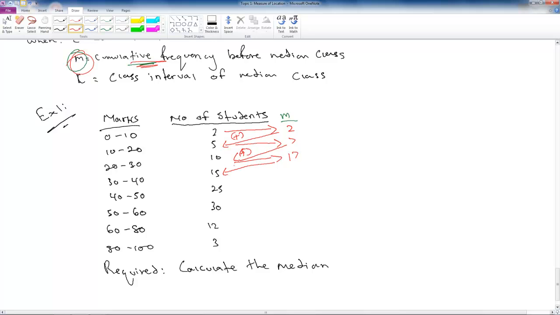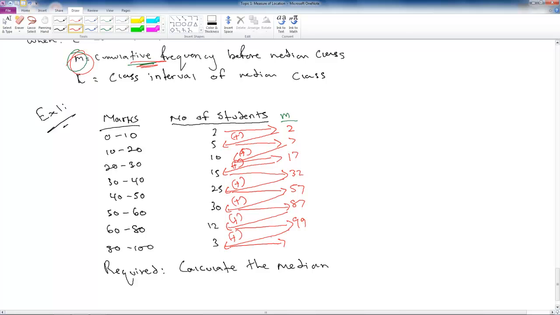Then 17 plus 15, you get 32. Then you add 25, you get 57. Then you add 30, you get 87. Then you add 12, you get 99. Then you add 3, you get 102.